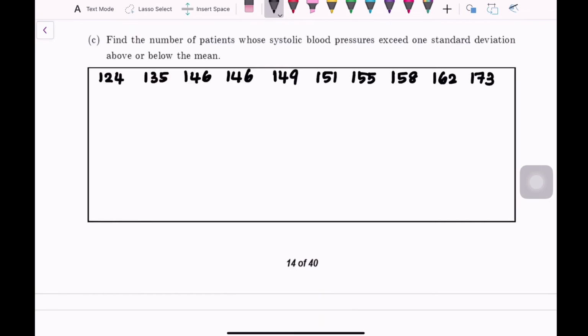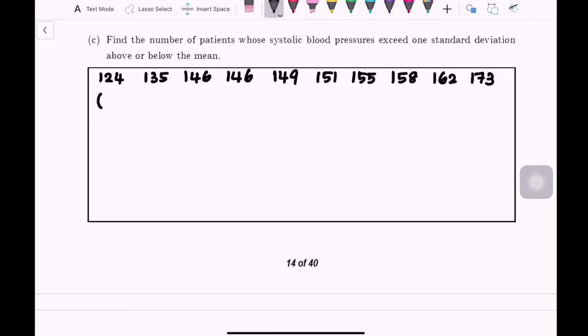Find the number of patients whose systolic blood pressures exceed 1 standard deviation above or below the mean. First, we rearrange the data in ascending order. Then, we look at the value of the mean.